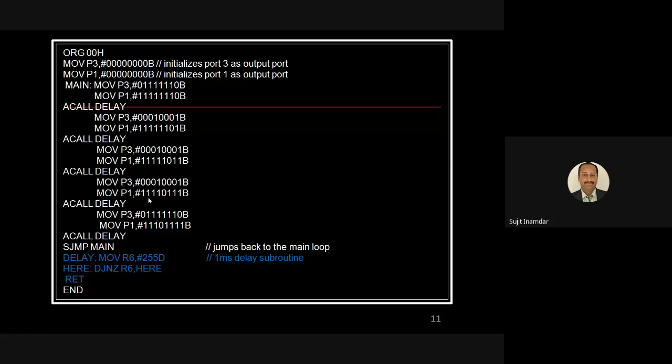1 with 1, at that time the LED will get on there. So this is the part I will keep in the PPT and share with you, so that you just note it down once again.